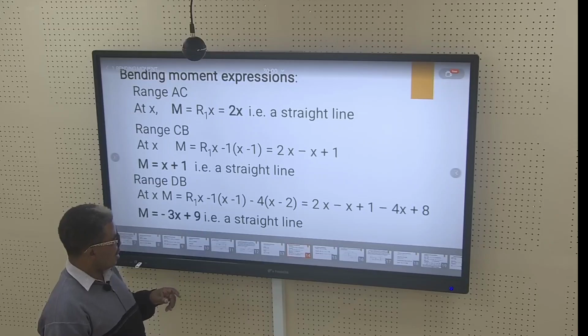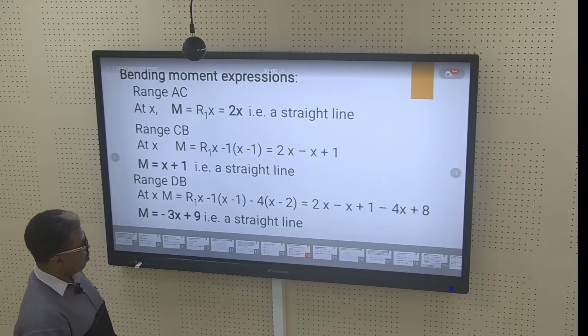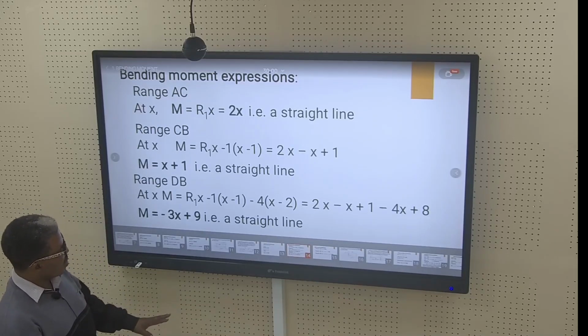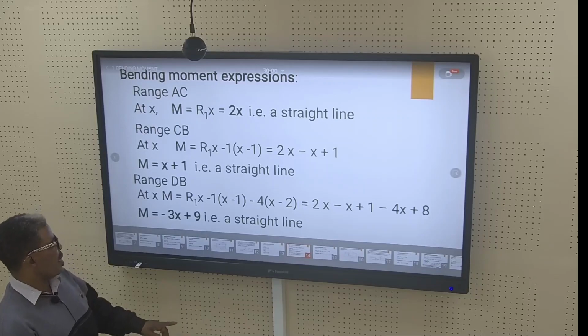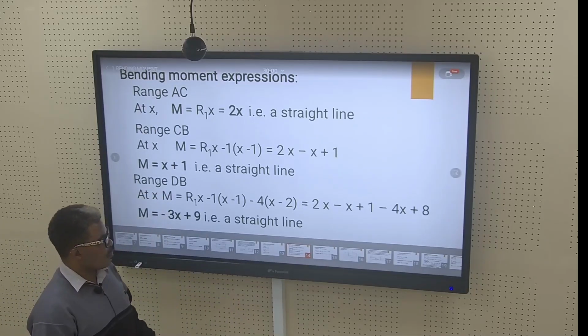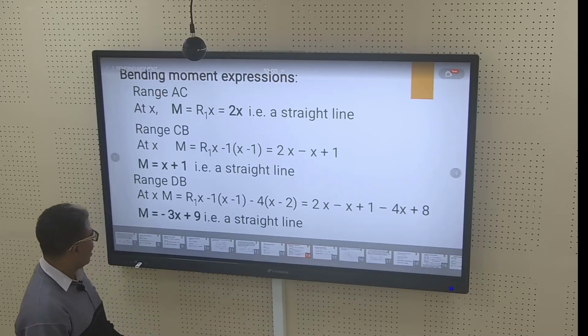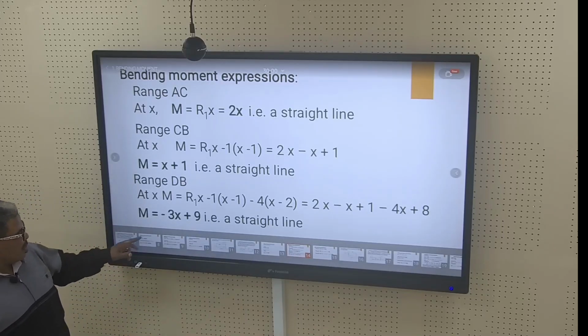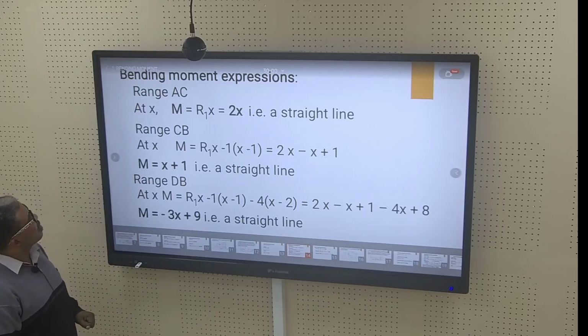The distance to the left is now 2, 1 plus 1 is 2 meters, so you have to subtract. Then you get the expression 2x minus x plus 1 minus 4x plus 8. It gives bending moment is negative 3x plus 9, which is a straight line.